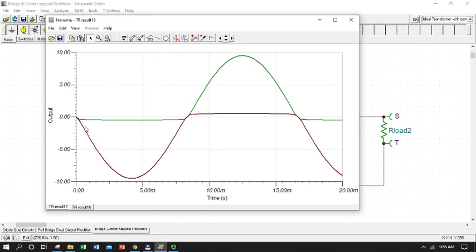What we're seeing here now is the influence of both paths basically. So on the negative cycle, we're basically measuring just T, and for the positive cycle we're just picking up S. Our load voltage is going to be S minus T, or T minus S. So it's the difference between those two.